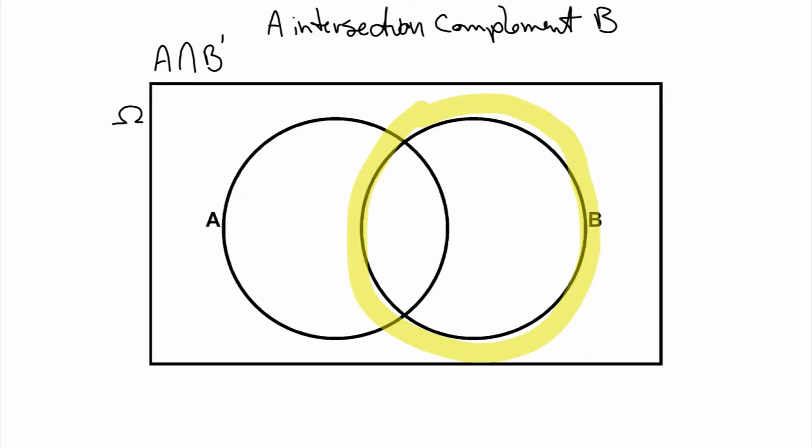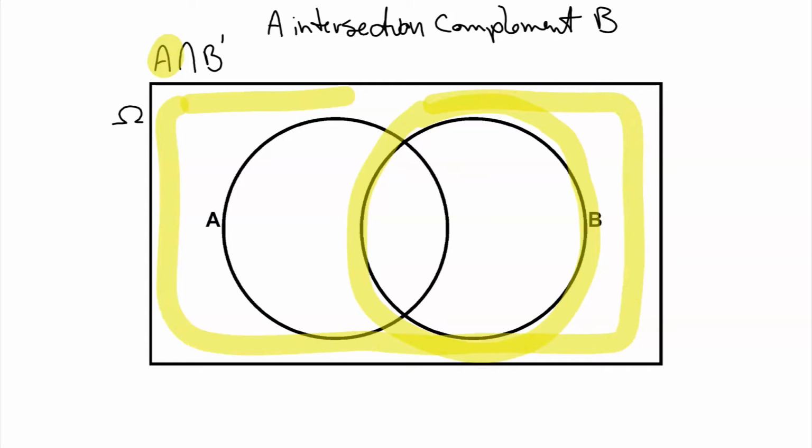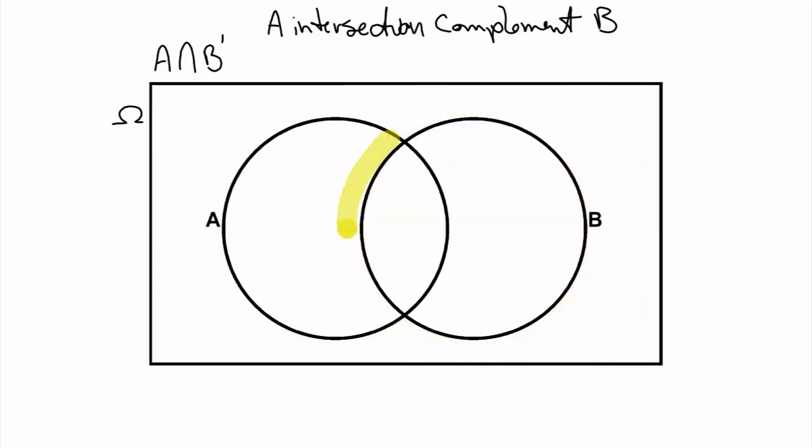But we're looking for just the intersection, where all of that space outside of B is also intersecting with A. So it has to be outside of B, but it has to be inside of A. So with that you get the moon shape within A.